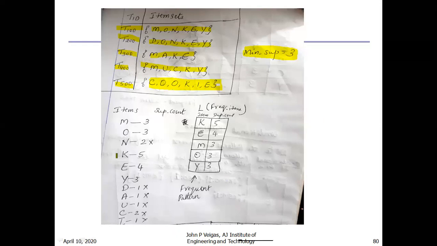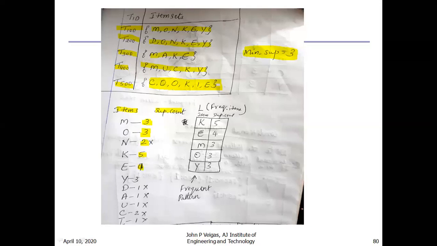So the next step is we need to write these items with their support counts. The first item is M. How many times is it occurring? 1, 2, 3. That's why we have written 3. O is occurring 3 times. N occurring 2 times. K occurring 5 times.